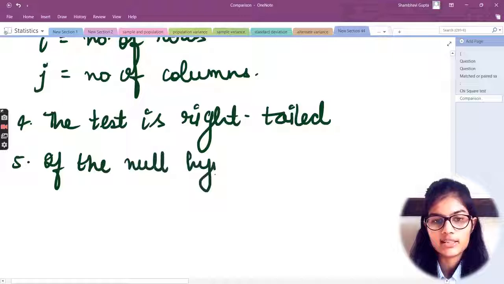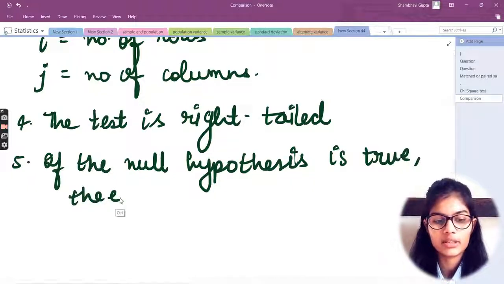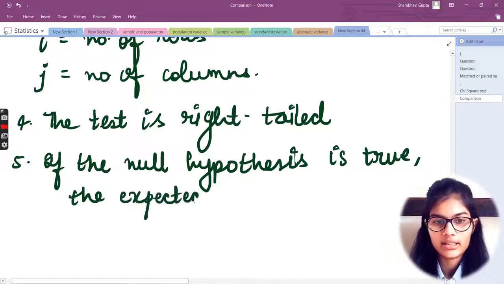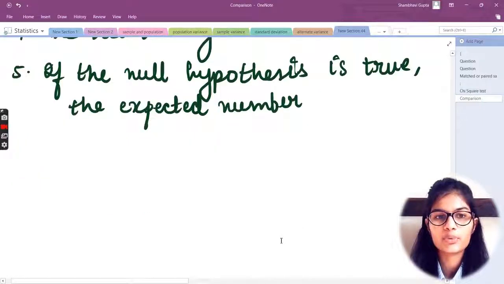And next, regarding the last point, if the null hypothesis is true, then the expected number, that was E, right?